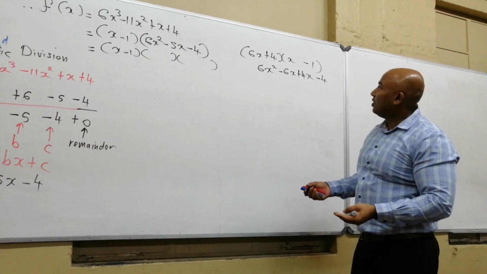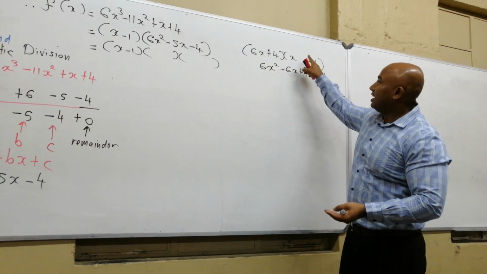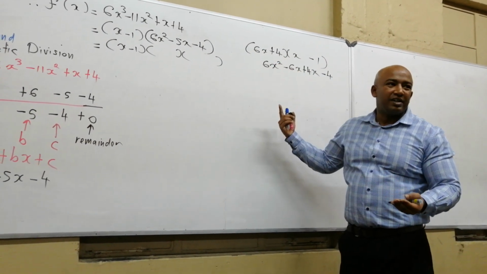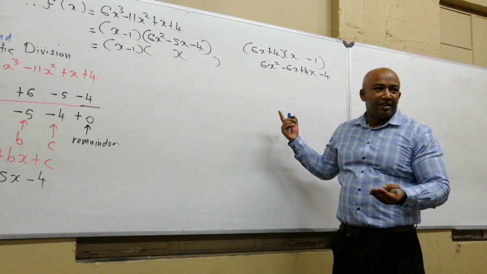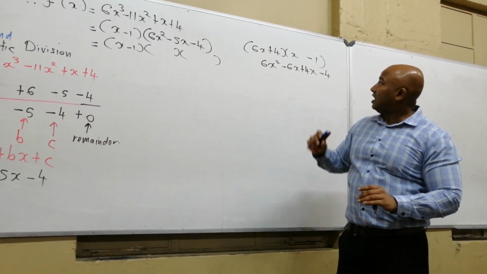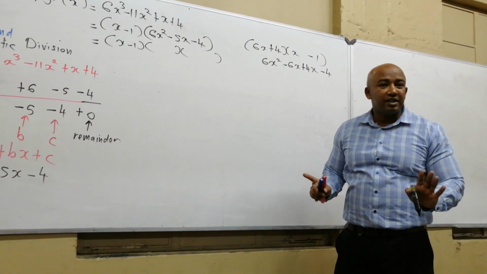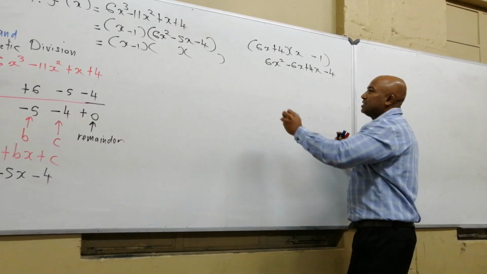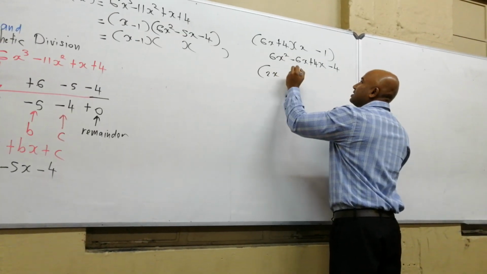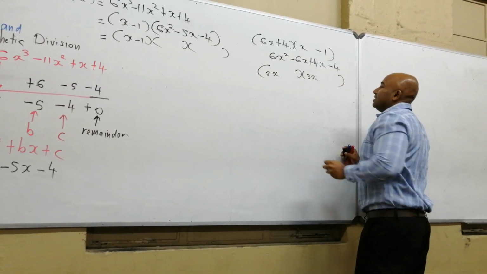What happens if I go and put the 4 here and the 1 there? Not going to work, it's going to be too high. Okay, so it looks like 6 and 1 does not work here. Can you see that? So let's try out 2 and 3. So let's go 2x and 3x.